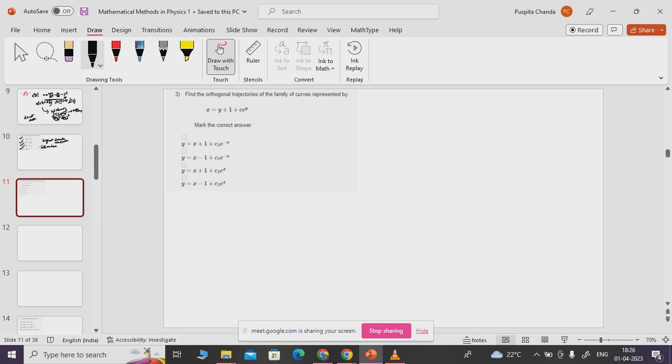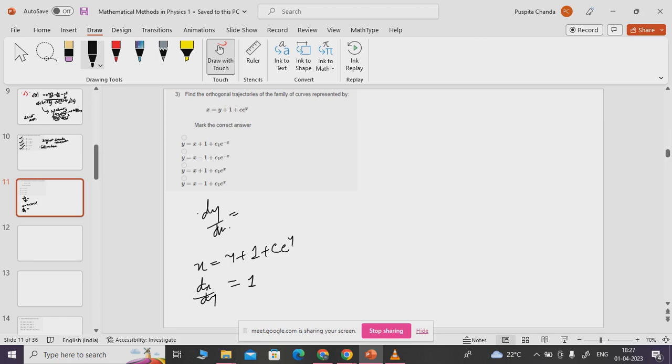Third question is find the orthogonal trajectories of the family of curves represented by x is equal to y plus 1 plus c e to the power y. Okay, so first we need to obtain dy by dx. It is easy to obtain here dx dy rather than dy dx.